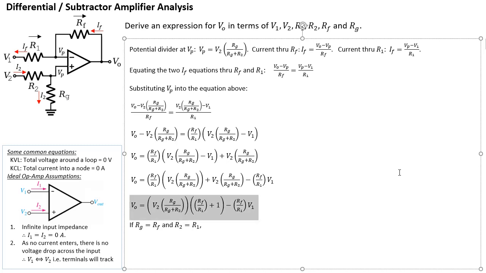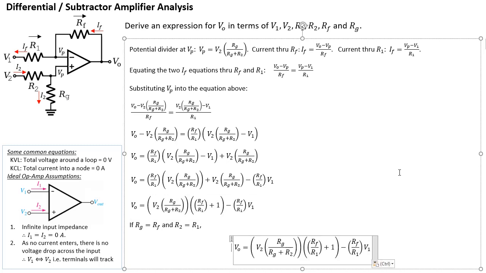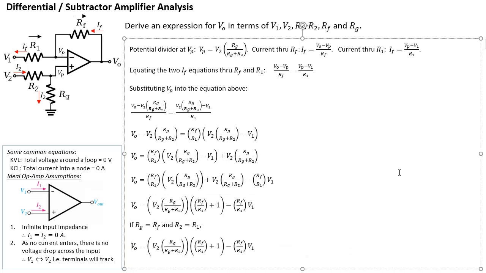Let me just copy this and put it down here. So what's going to happen? I said that RG becomes RF, so this part is going to be RF, right? And that's also going to be RF, correct? And R2 becomes R1, so this becomes R1.